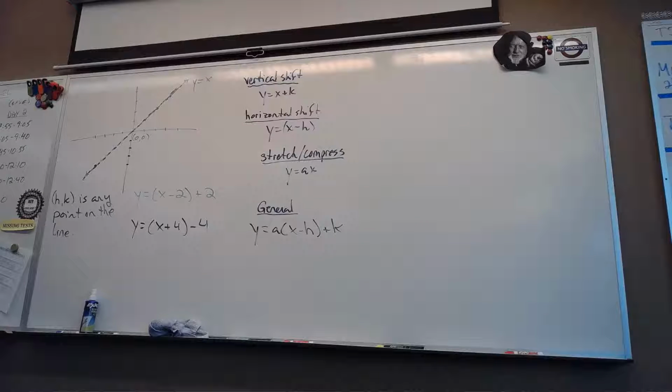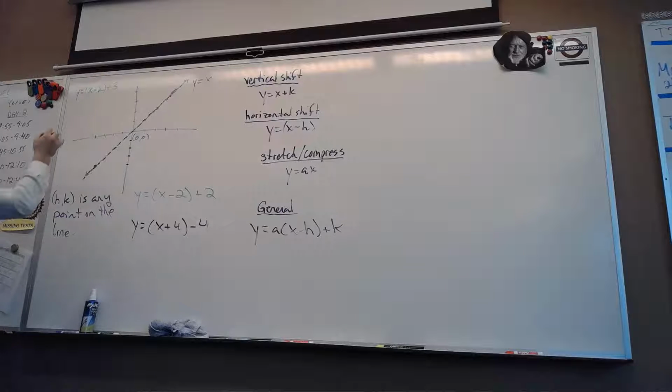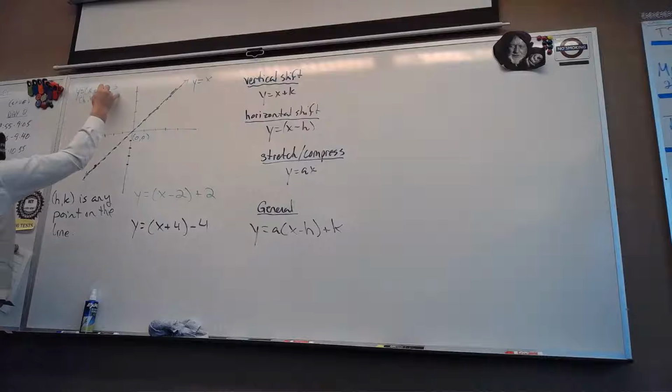And I can do the same thing with a different line. I could graph y equals x minus 2 plus 3. Where's the locator point? It would be 2, 3.